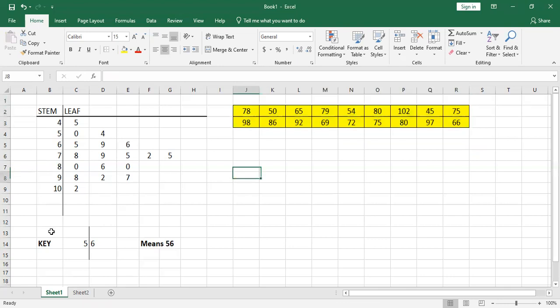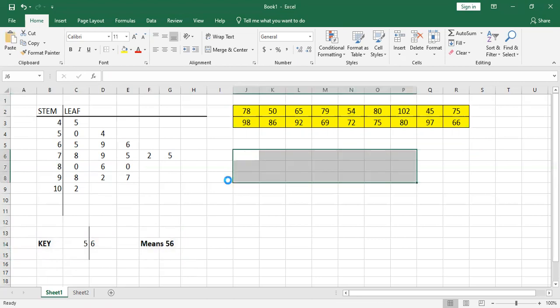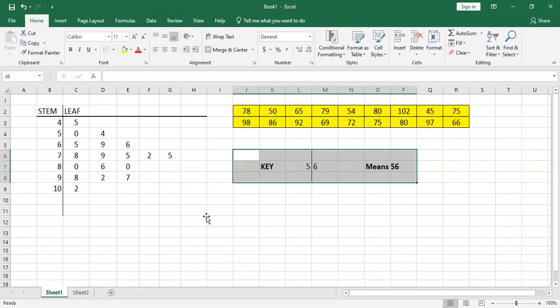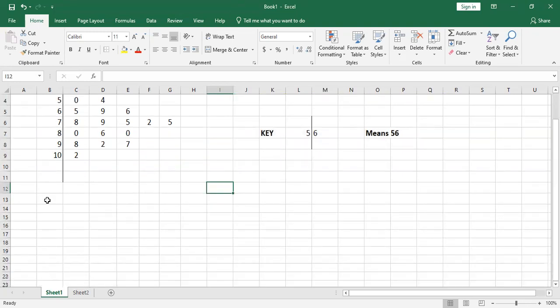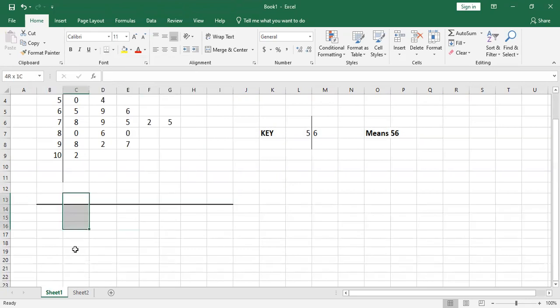So now I'll have my key this side, so that the rearranged stem and leaf can come at the bottom there. Again, I'll need that line, and another line this side.